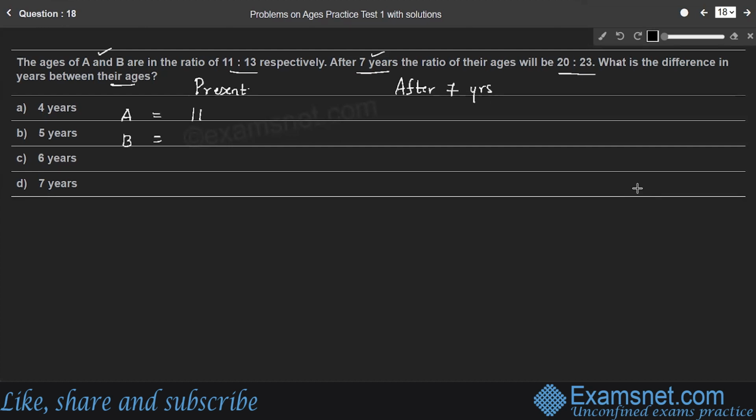So we'll take 11x as A's present age and B's present age as 13x years. After 7 years, A's age will be 11x plus 7 years and B's age will be 13x plus 7 years. And the ratio of their ages will be 20 is to 23. So we'll consider the ratio of their ages, 11x plus 7 by 13x plus 7 is equal to 20 by 23.